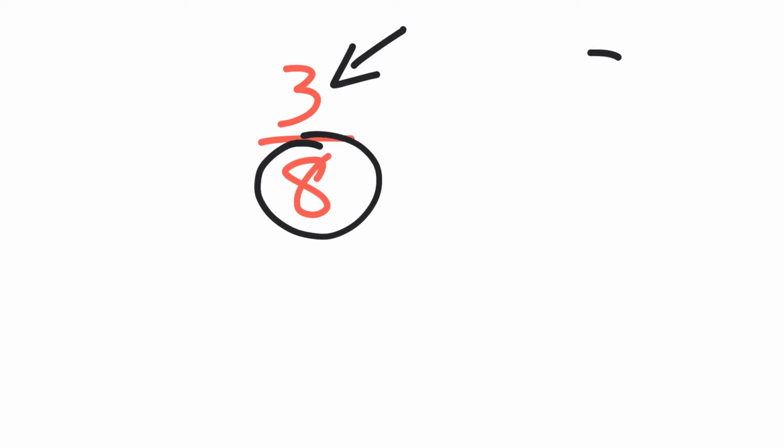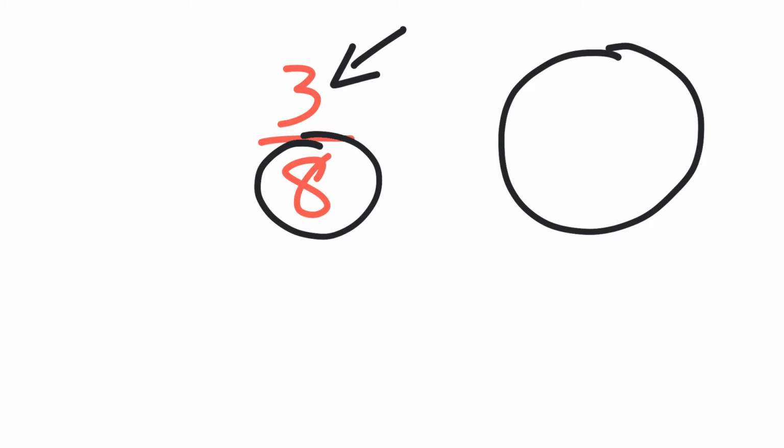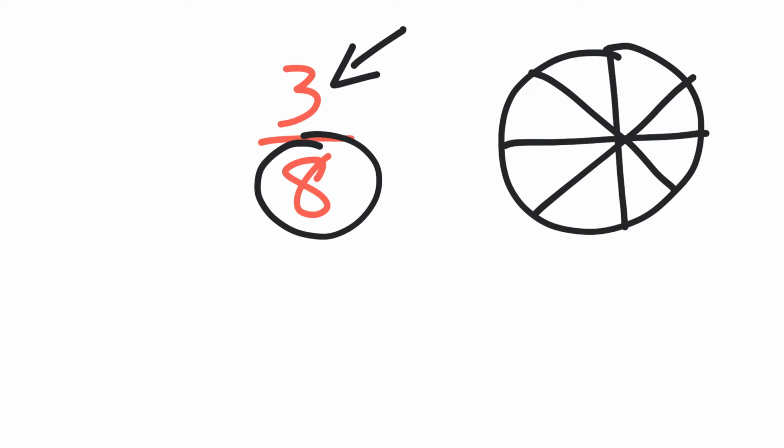If we were drawing a diagram, it would look something like this. First, I would split my, let's call it a ball or a pie, into 8 different pieces, and then I can represent that by shading in 3 of those.